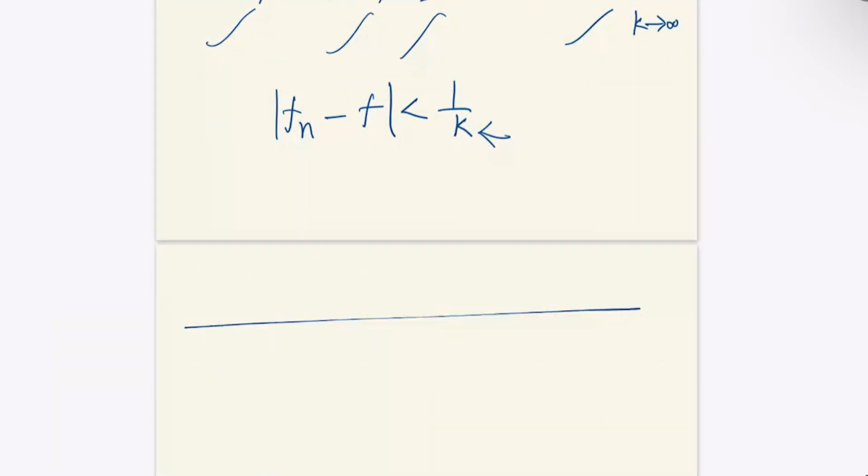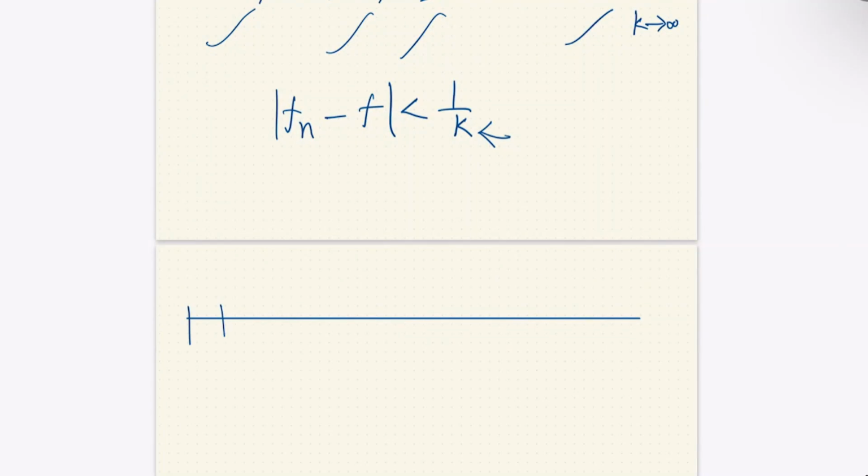Suppose the real numbers are a1, a2, a3, and so on. 1, 2, 3, 4, these are not k values, these are n. For every k you choose, you have a stage capital N.